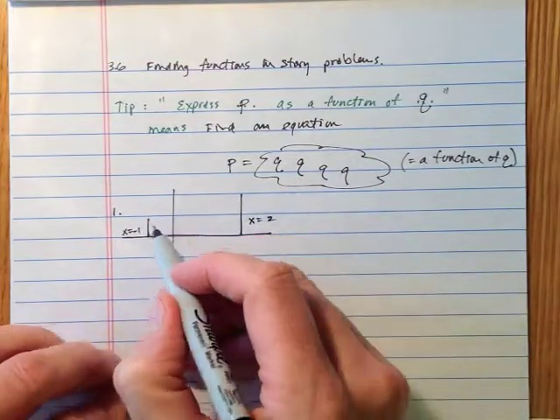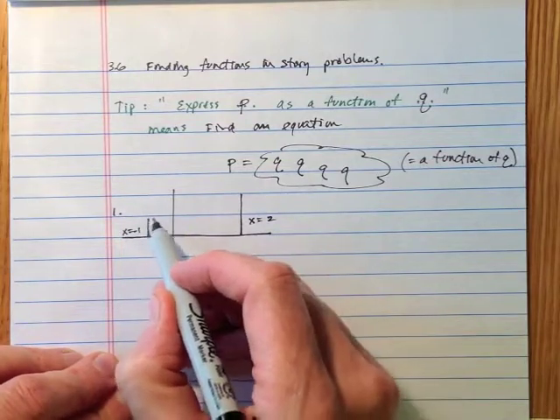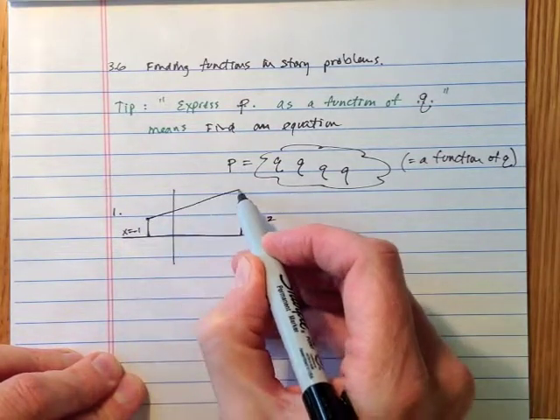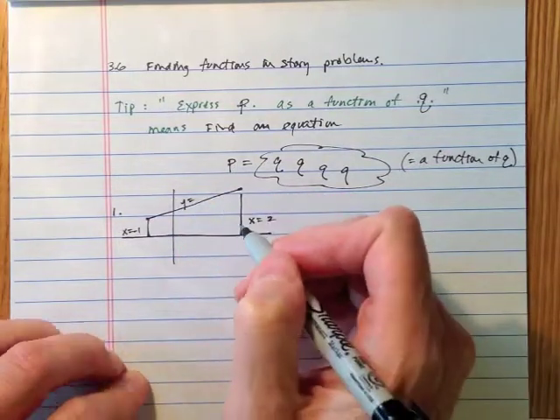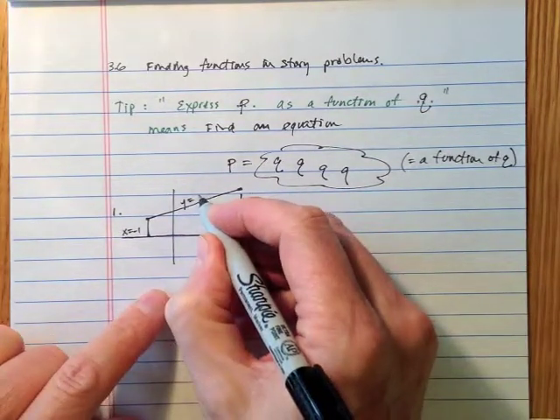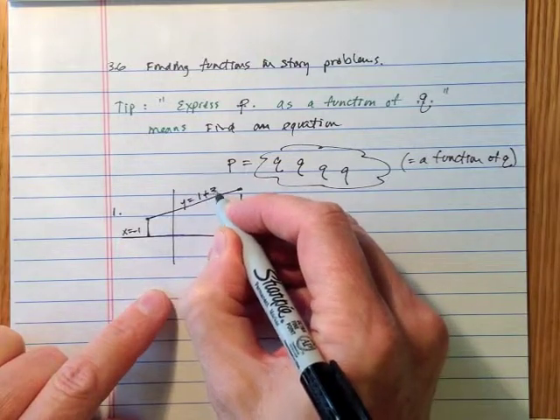And up here, the fourth side of the trapezoid is this line, y equals 1 plus 3x.